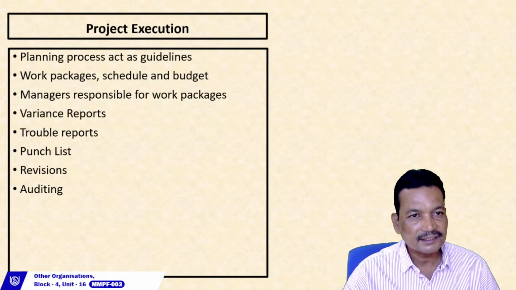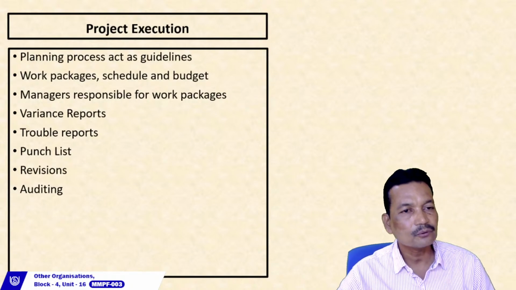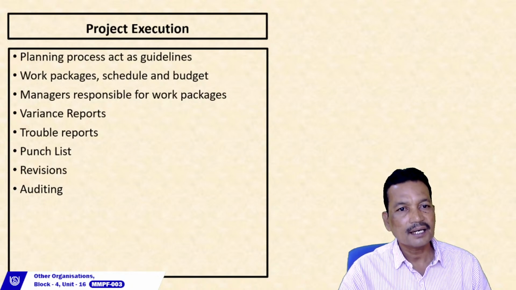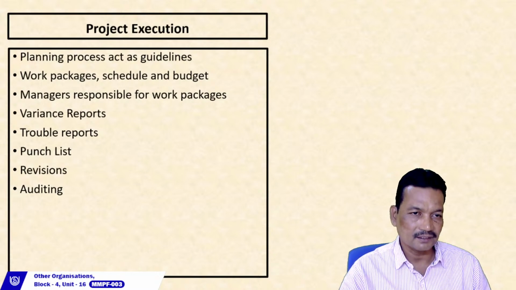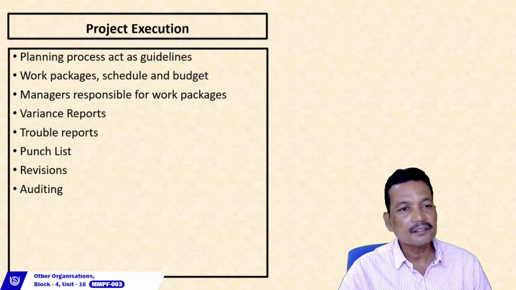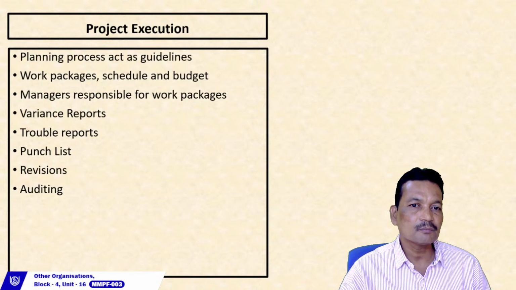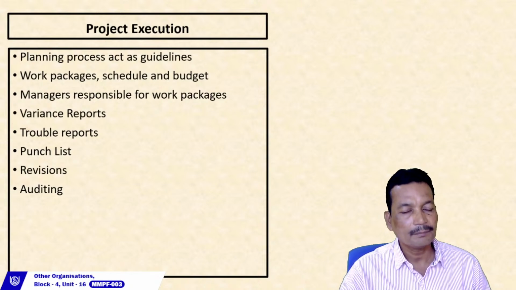Now when we are executing the project, these are the aspects you have to look at. The planning process acts as guidelines for the project managers. We should adhere to the work packages, the schedule and the budget. There should be clear identification of managers responsible for the work packages or activities.